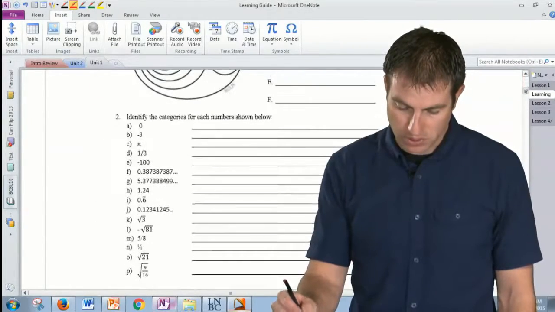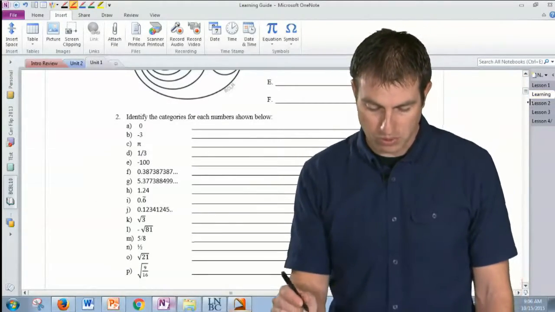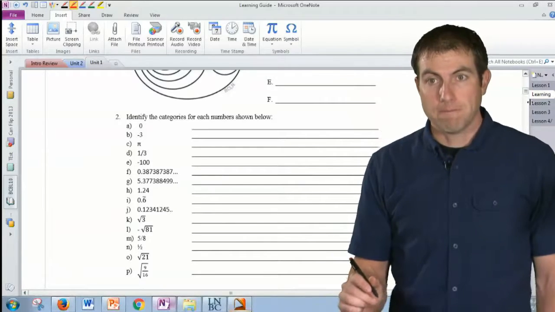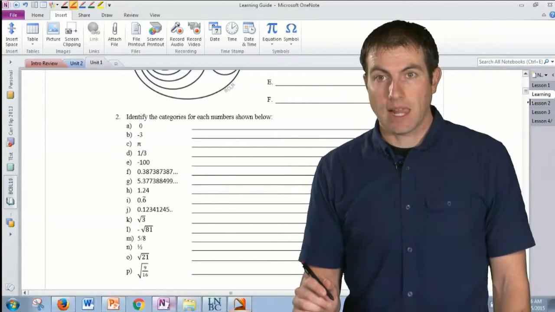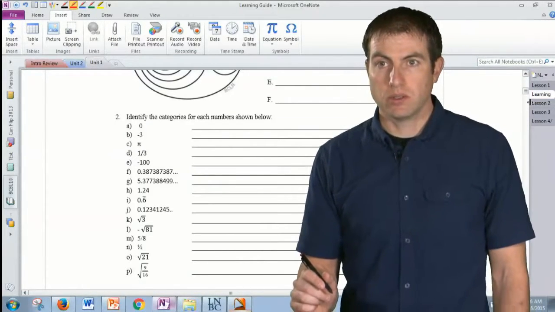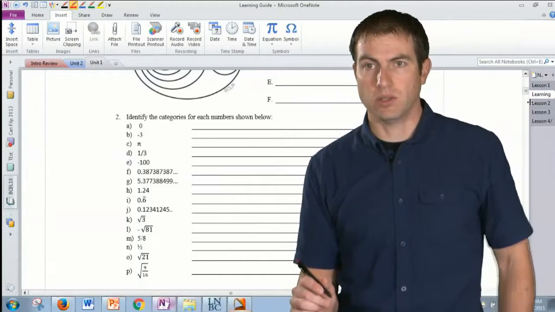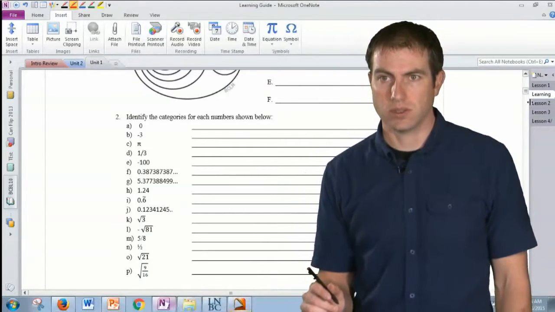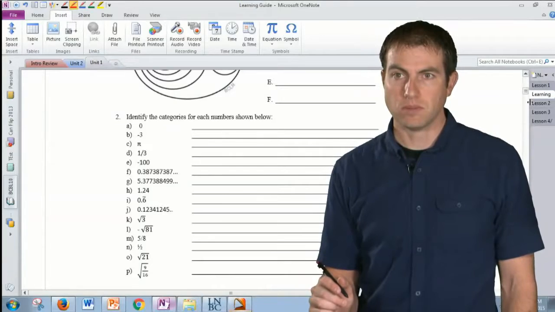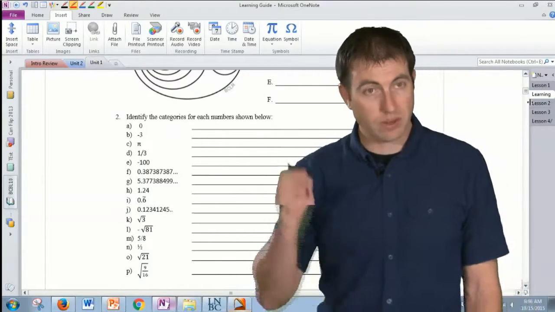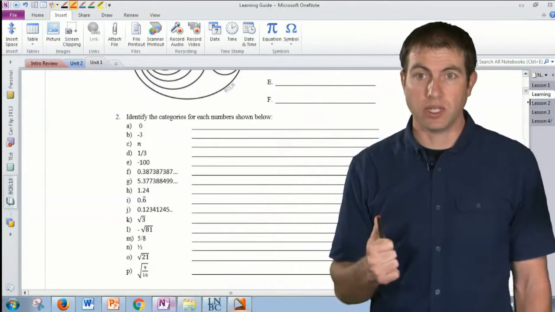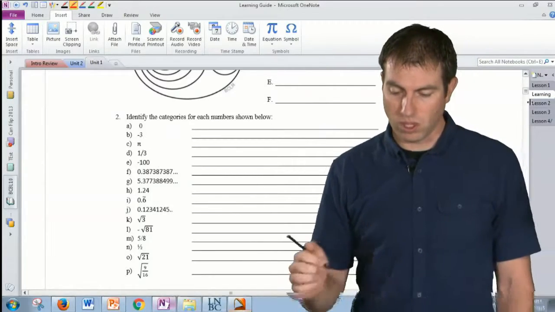Identify the categories for each number shown below. How do we do equation square root? Question 1A of lesson 2. Okay, these are some good questions. 2I, perfect. I think we have some questions about this number 2.